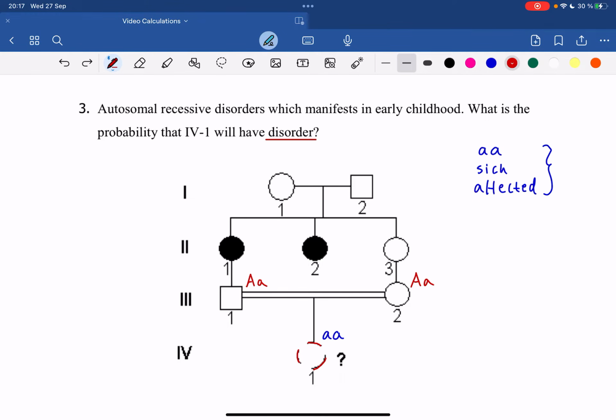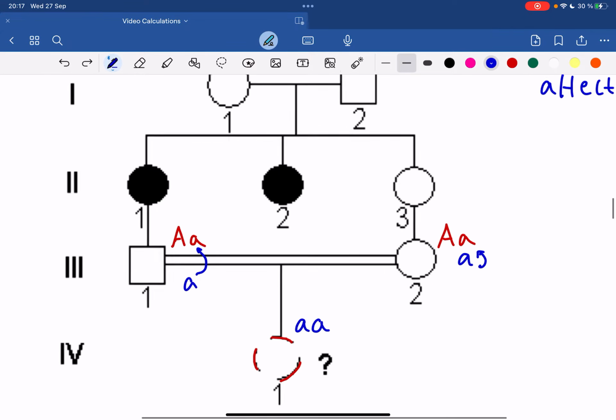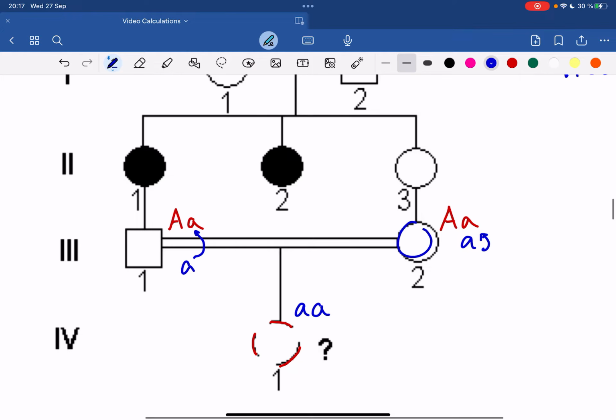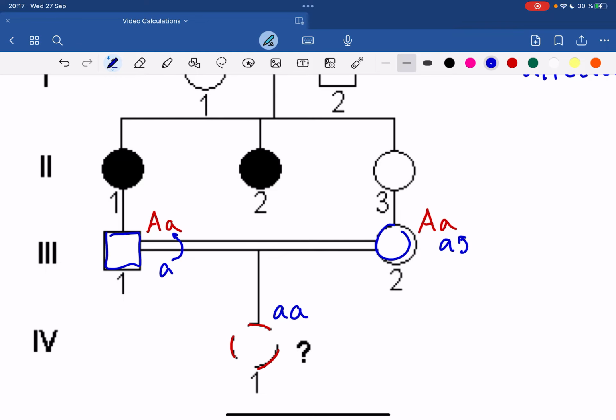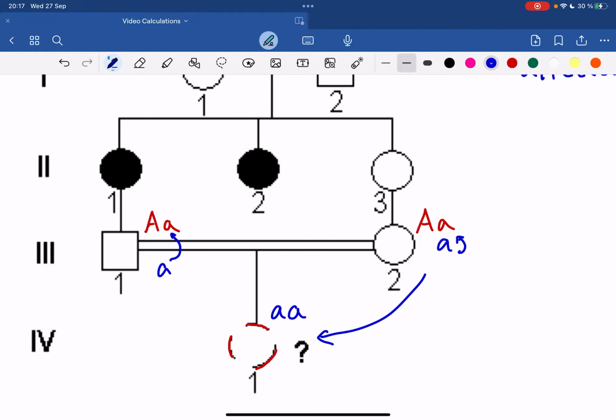Remember, both parents have to have at least one recessive allele to give to a child in order for them to be affected or sick. And the only phenotype these two parents could have in that case would be heterozygous, right?